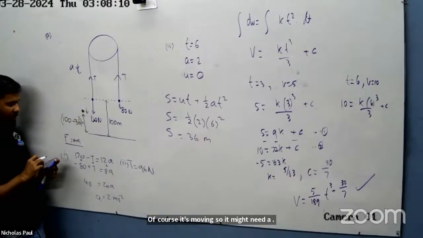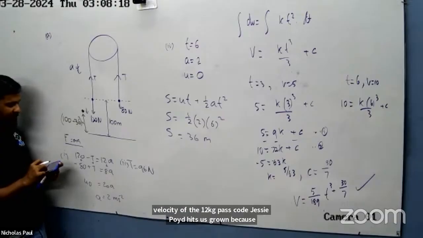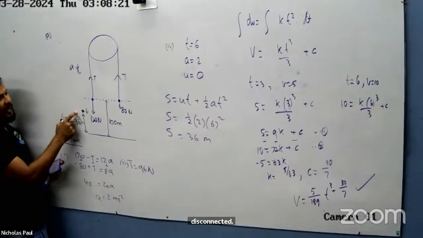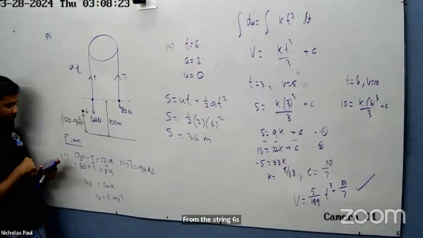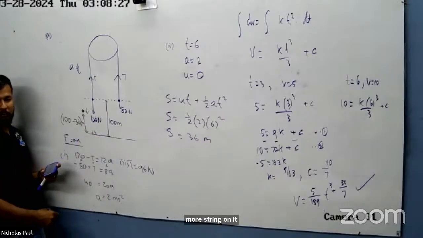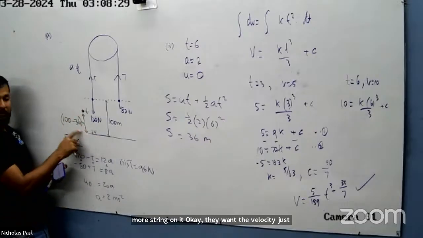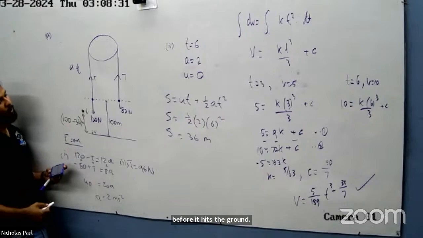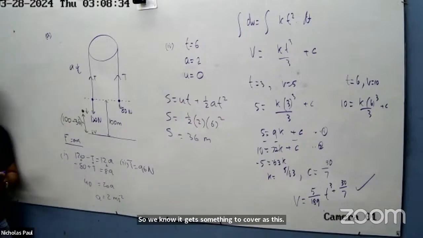So they want the velocity of the 12 kilogram particle just before it hits the ground, if it is disconnected from the string 6 seconds after the system starts, right? So it has no more string on it. They want the velocity just before it hits the ground. So we know the distance to cover is this. What else do we know?